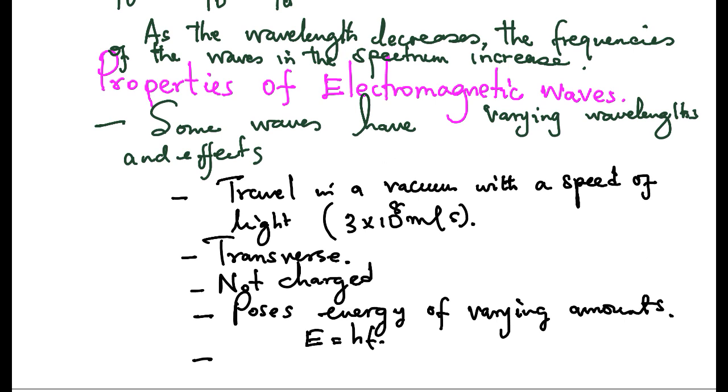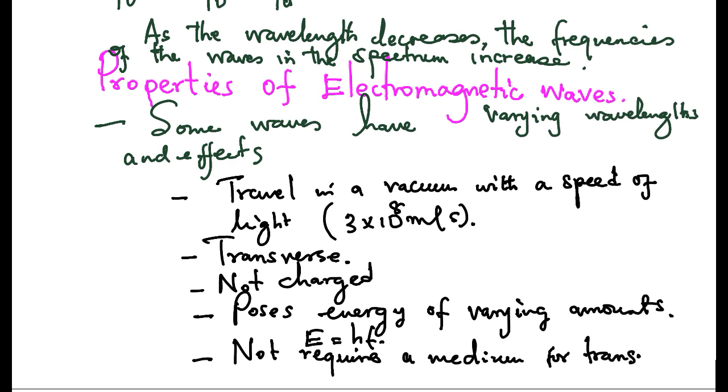Since they are transverse, they do not require a medium for transmission. Hence, they are able to move in a vacuum. The waves can undergo interference.